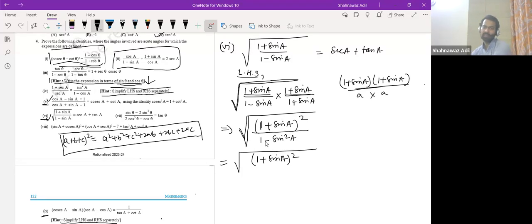But in the denominator, we have 1 minus sine square A. What can we do about this? Cos square A. Good. So now everything is a perfect square, and we can remove this root. So what would be in here? 1 plus sine A, and in the denominator, cos A. Good.